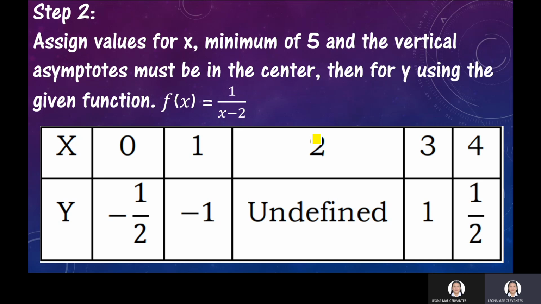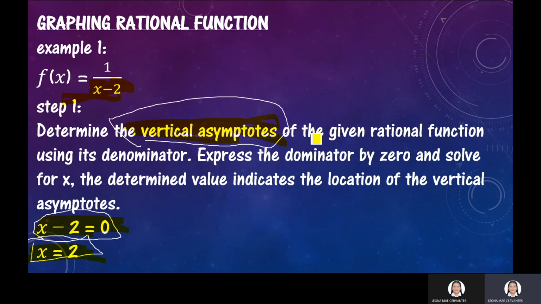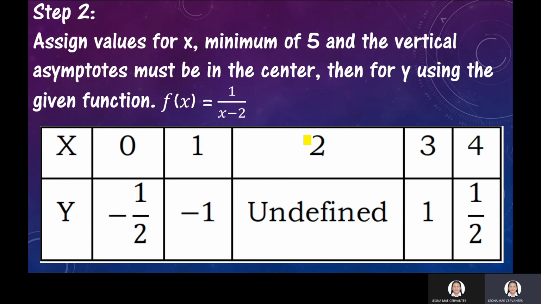Again, what was our vertical asymptote? x is equal to positive 2. So we will write positive 2 at the center. Then, minimum of 5. So we will use 0, 1, 2 at the center, 3, and 4.